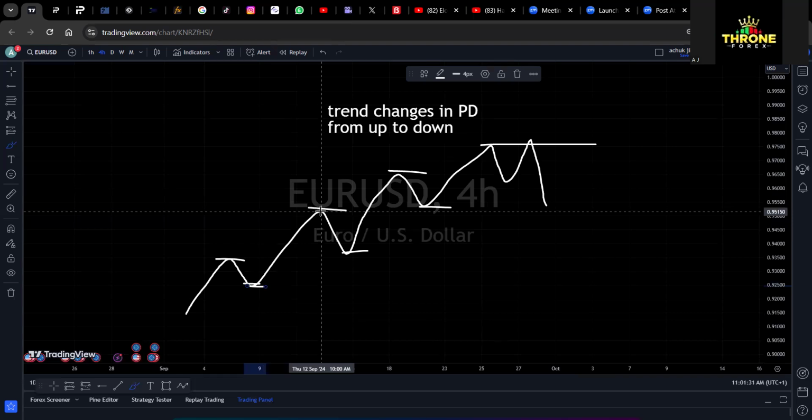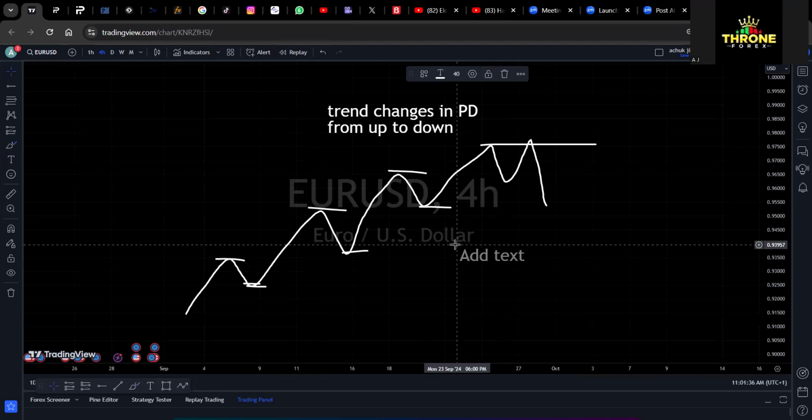So one of the qualities of an uptrend is when the market, so uptrend equals break of highs and failure to break lows.